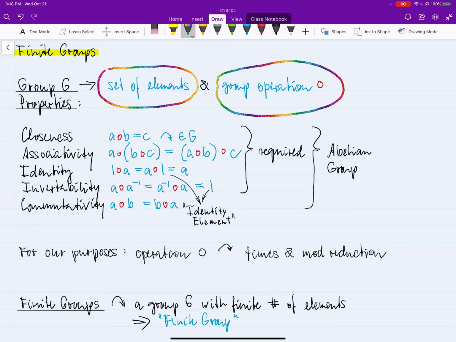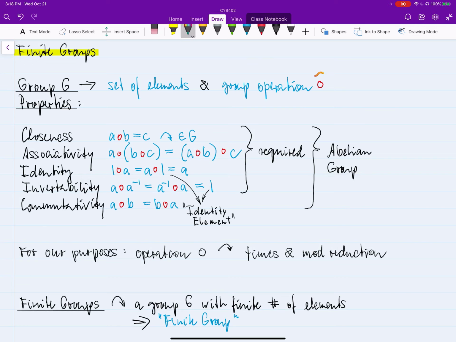So to keep it general, we call this group operation, we just call it donut for now. And specifically for us, it's interesting as a first step to have the multiplication with modular reduction. This is of interest for us in the first step.